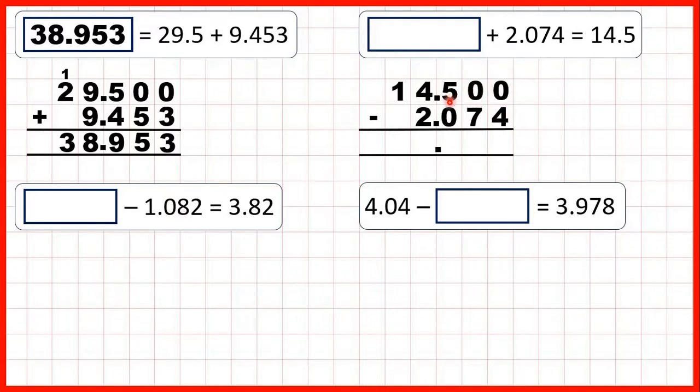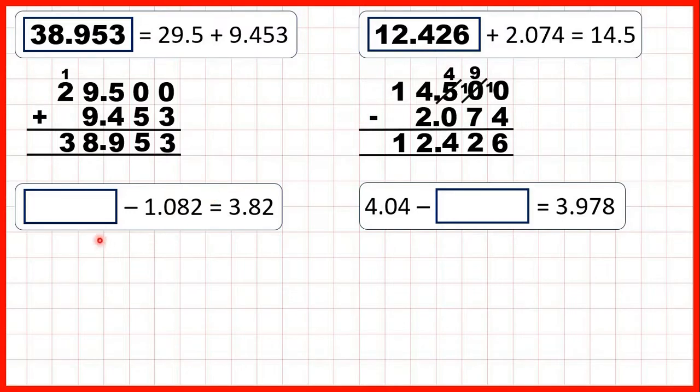So we go all the way over to our tenths column, 1 less, 1 in front, and then again 1 less, 1 in front. Now 10 minus 4 is 6, 9 minus 7 is 2, 4 minus 0 is 4, 4 minus 2 is 2, and 1 minus nothing is 1.